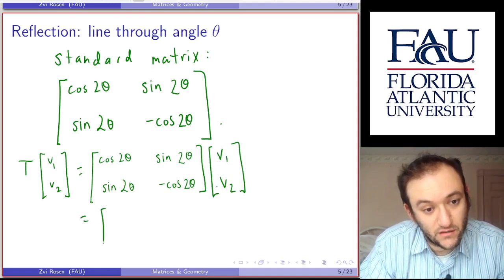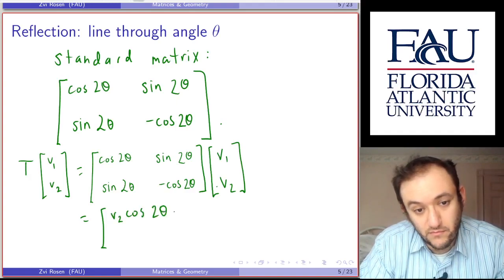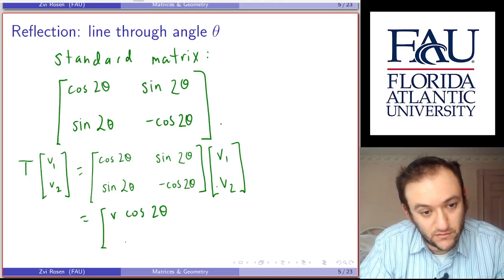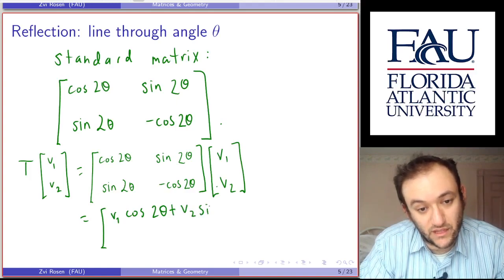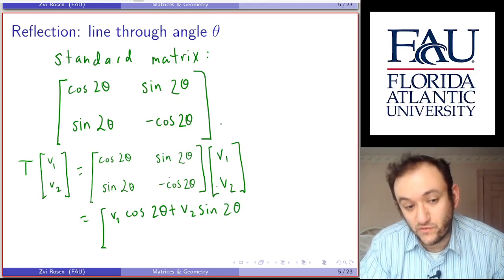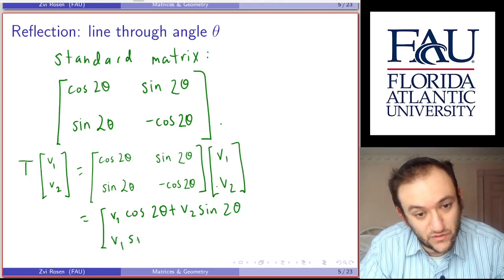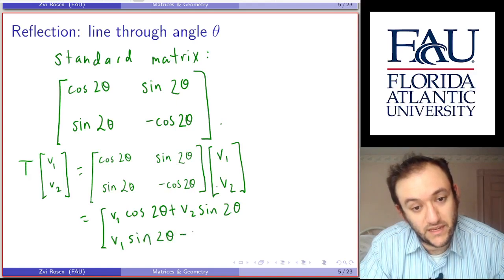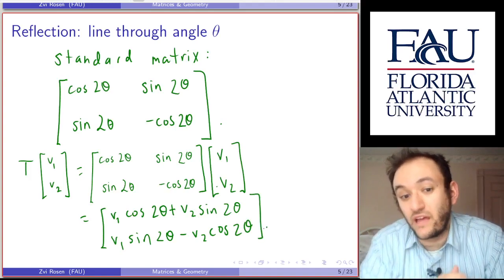And that gives me first coordinate v1 cosine 2 theta plus v2 sine 2 theta. As for the second coordinate, we get the multiplication of the second row by the column, v1 sine 2 theta minus v2 cosine 2 theta. Okay, and that's what you get after reflecting over a line through angle theta.